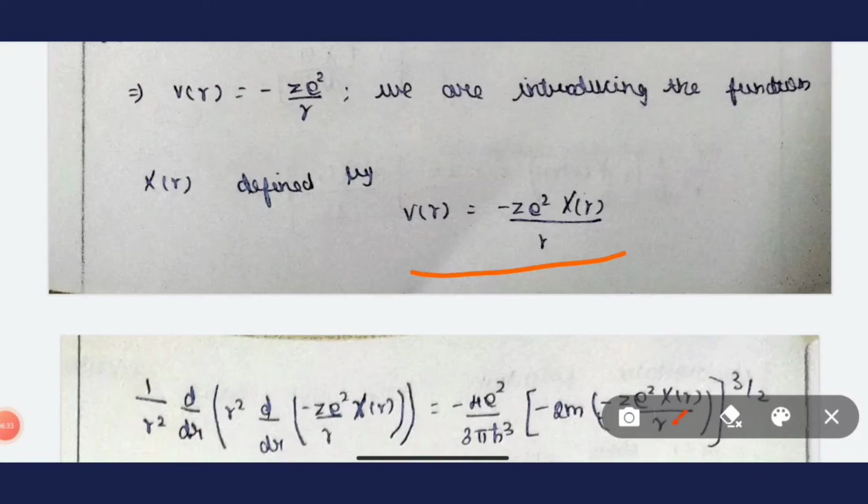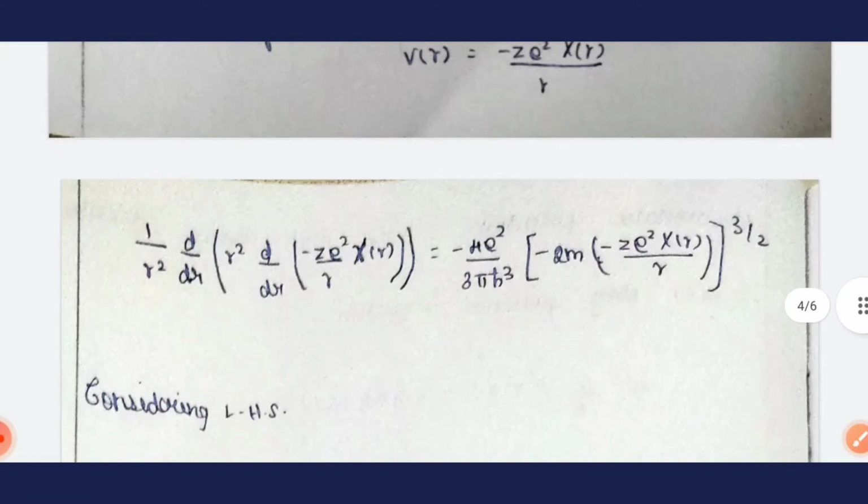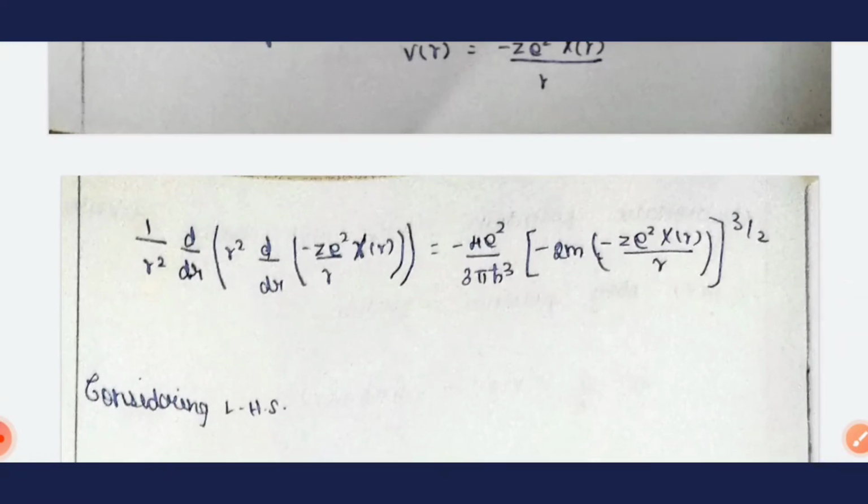So I'm going to substitute this value of v of r in the above equation: 1 by r square d by dr into r square d by dr into minus z e square by r chi of r equal to minus 4 e square divided by 3 pi h cross cube into minus 2m into the minus z e square chi of r divided by r whole power 3 by 2.